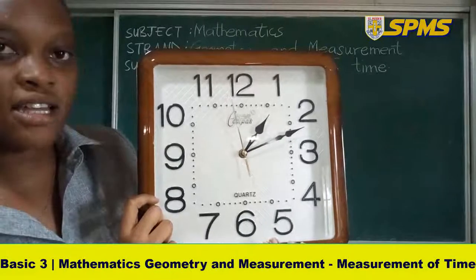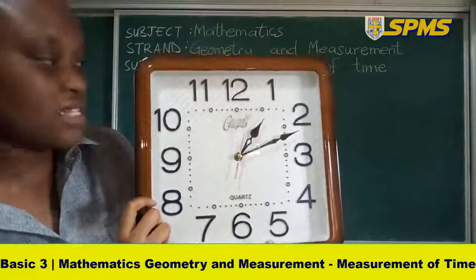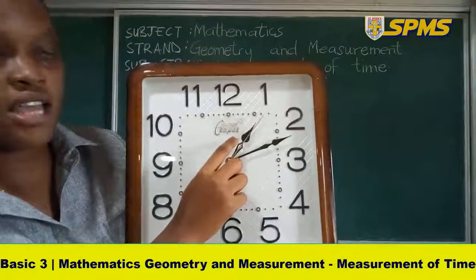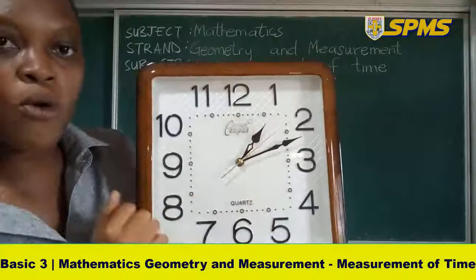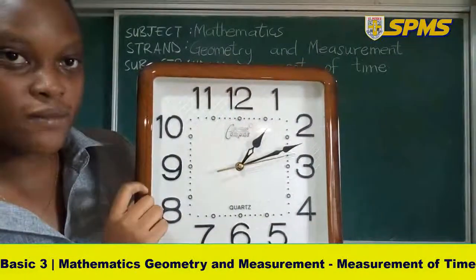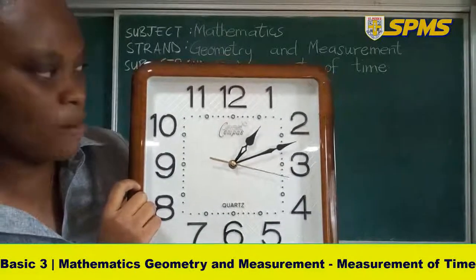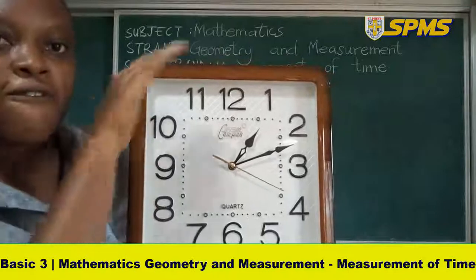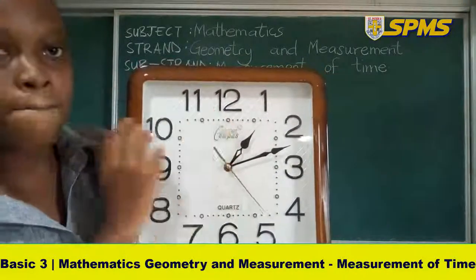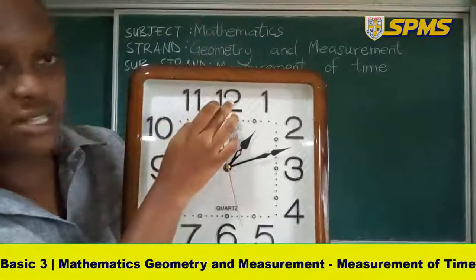Without the second hand, we can't tell the time, because the second hand helps the hour hand and the minute hand to move in a clockwise direction. We said a clockwise direction means forward direction, moving in a forward manner. So this is 12.